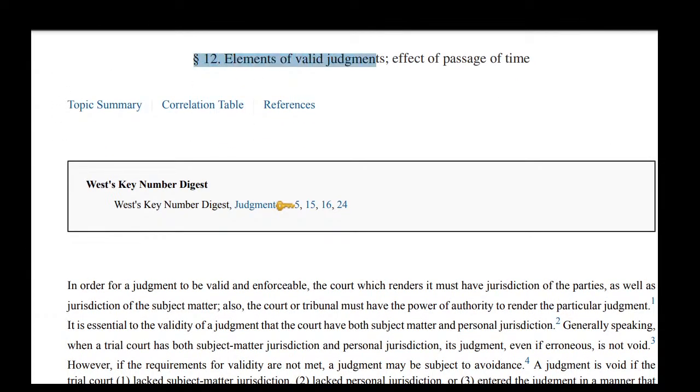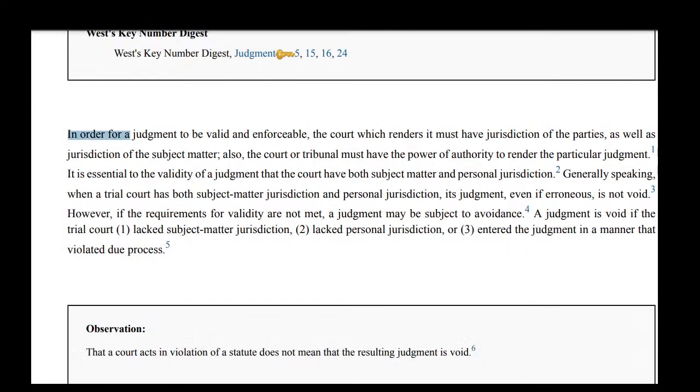Now we're on to the elements. Section 12, elements of valid judgments. Effect of passage of time. In order for a judgment to be valid and enforceable, the court which renders it must have jurisdiction of the parties, as well as jurisdiction of the subject matter. Also, the court or tribunal must have the power or authority to render the particular judgment.